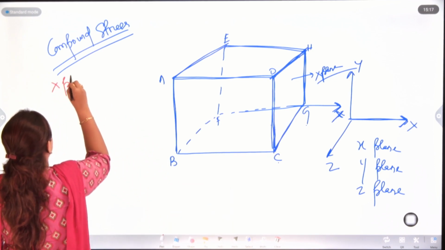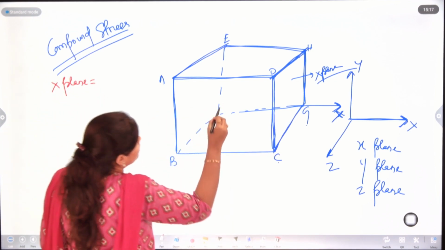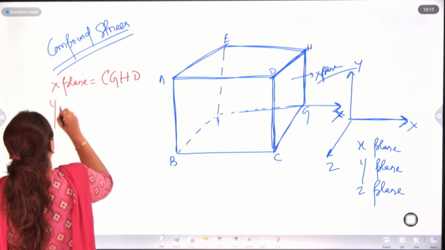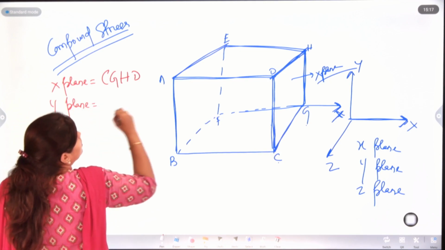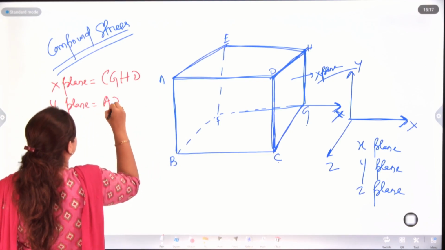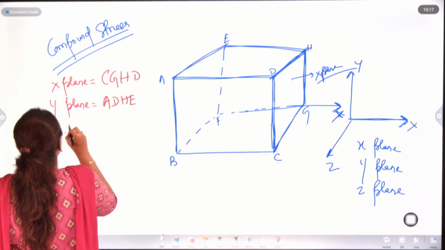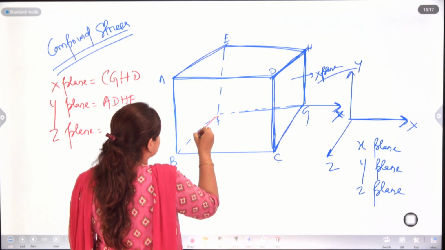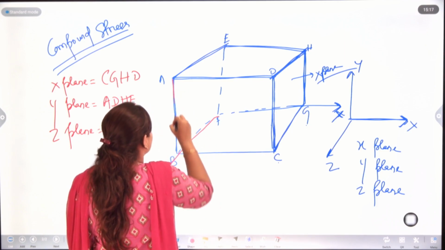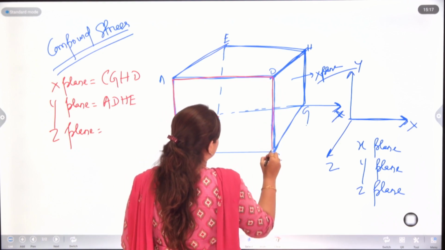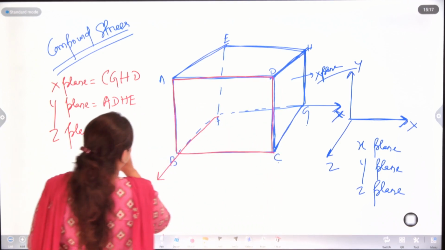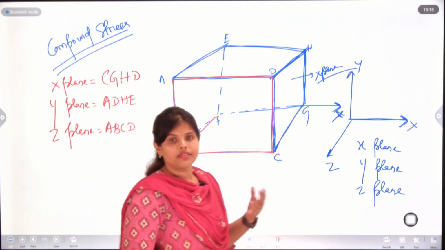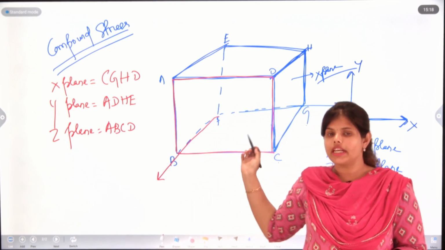So, our X plane is CGHD and our Y plane is ADHE. And the Z plane is the front face, A, B, C, D. Now we have our 3 planes, X plane, Y plane and Z plane.